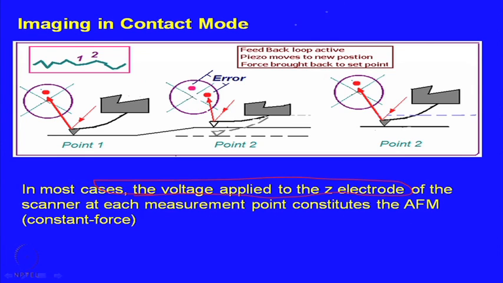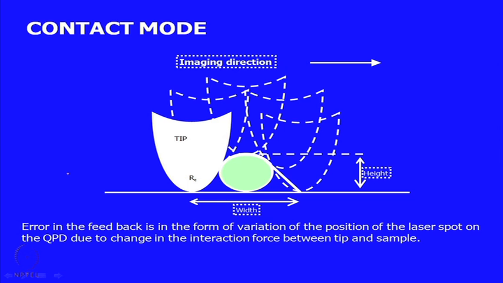So, you can just imagine that if this part of your readjustment in the vertical direction, as well as the feedback loop, is made absent, what remains is actually the constant height mode of imaging.